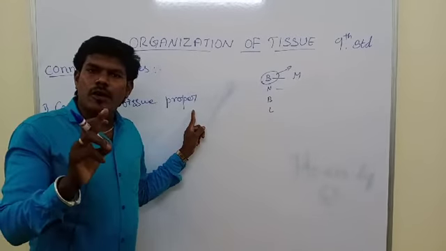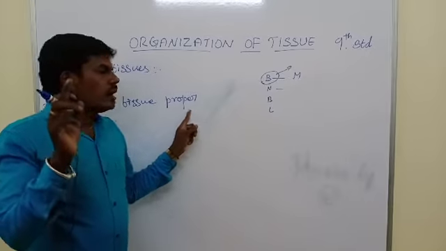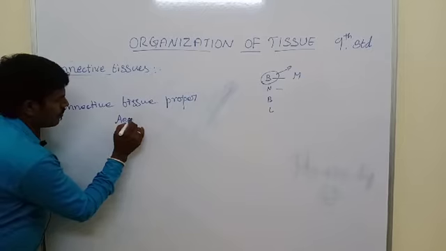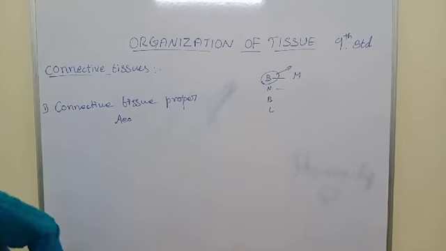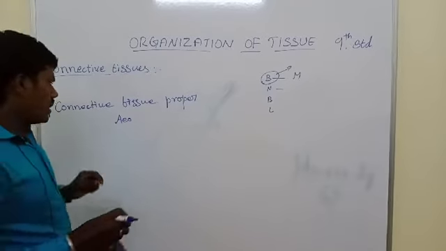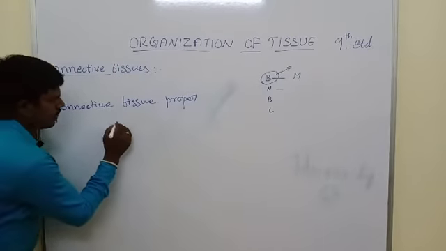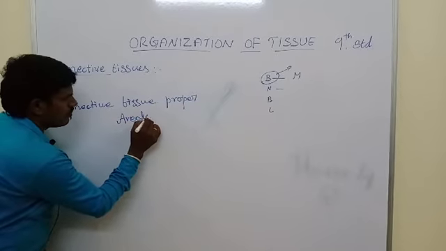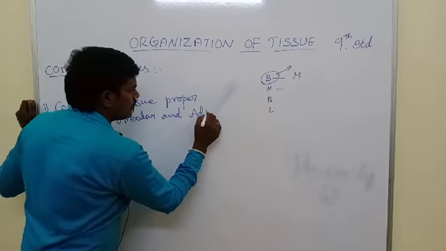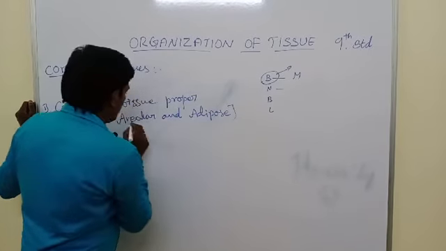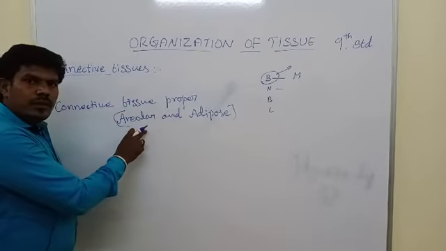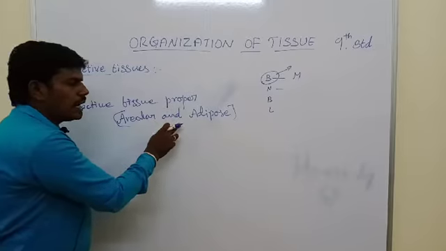What are they? Areolar and adipose. See, connective tissue proper is present in two kinds: areolar and adipose.